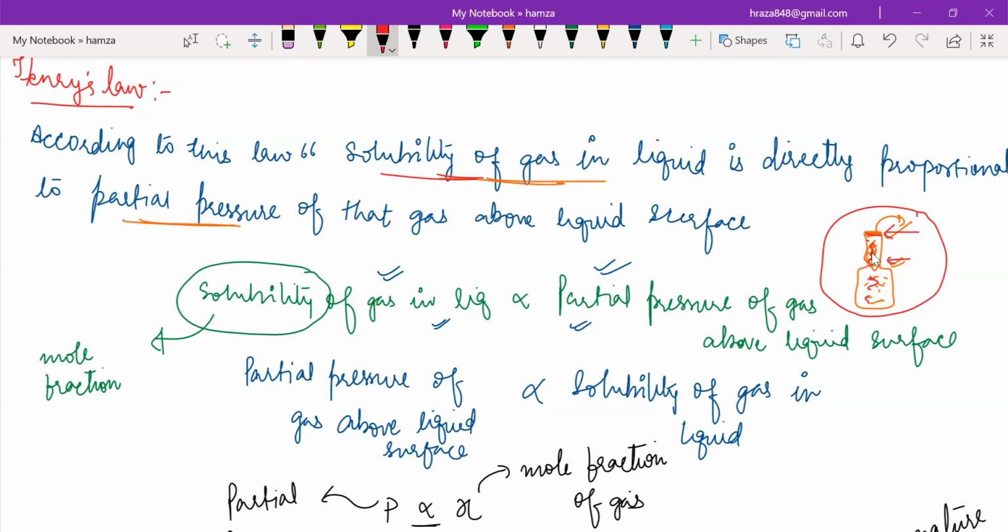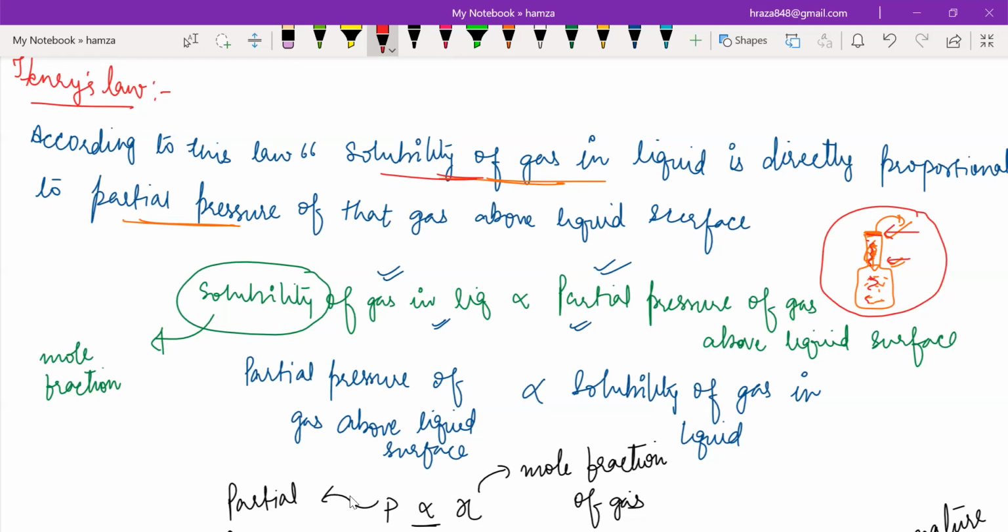So we write solubility of gas in liquid is directly proportional to partial pressure of gas above liquid. If 1 is directly proportional to 2, that means 2 is directly proportional to 1, so we just reverse it.